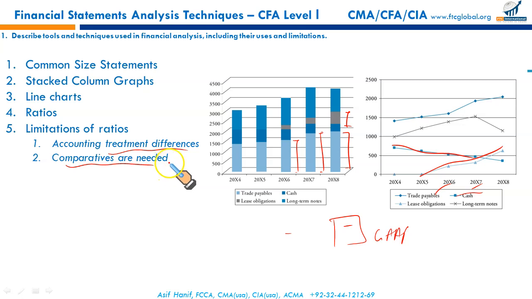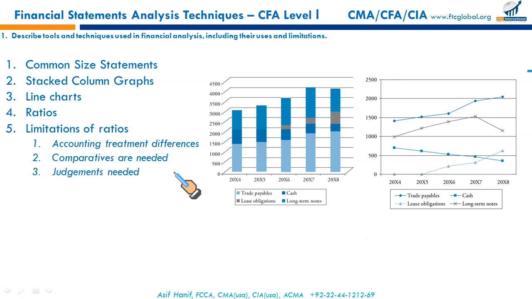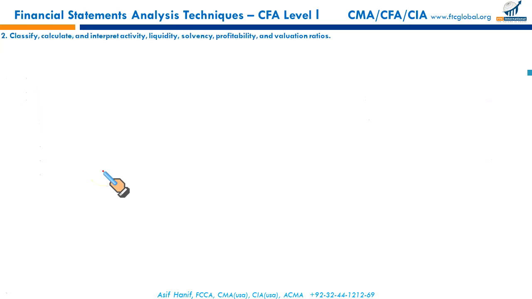You need a comparator with which you can compare whether the performance has improved or deteriorated over the period. And the ratios alone are not sufficient. You will have to use judgment as well. Your judgments and your analytical skills are an essential part of ratio analysis. So that completes your first LOS.